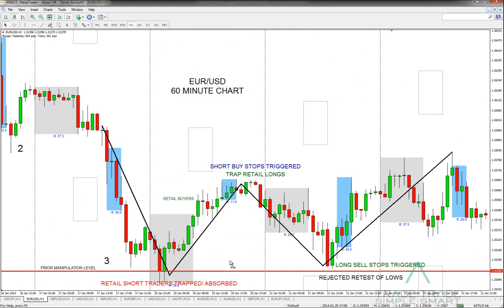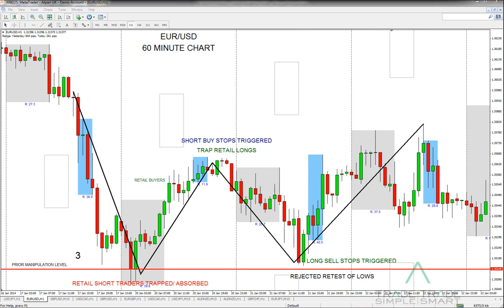Okay, so no different to the M formation. We're simply seeing sellers come into the market on the breakout of a manipulation zone. Smart money liquidate the majority of their position, causing a trend to the upside.